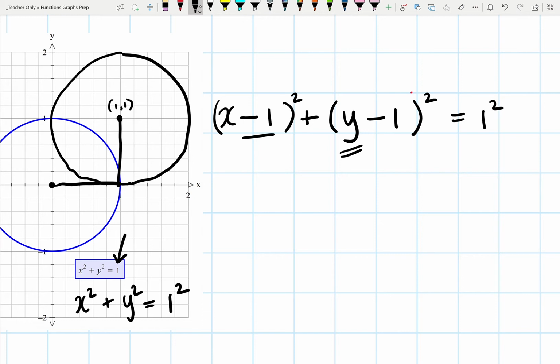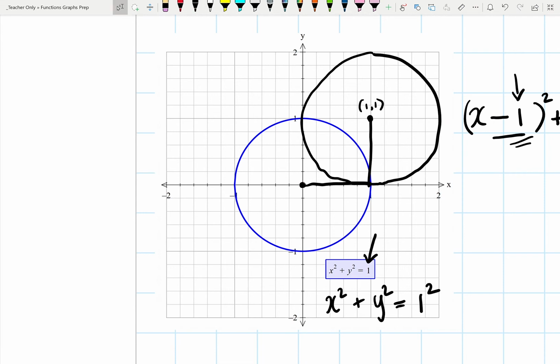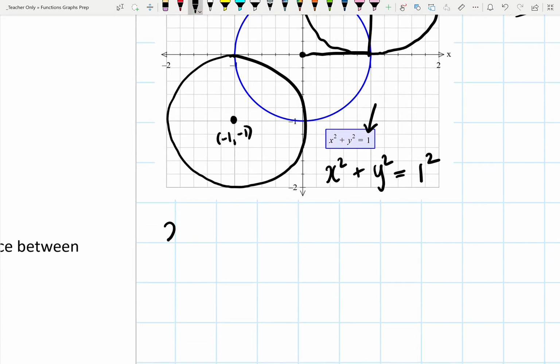So this is where our formula comes from. Both translations in the positive direction are expressed as negatives. Both translations in the negative direction are expressed as positives. So for example, if I was going to do the circle situated over here, which is negative 1, negative 1, still with the radius of 1, then this one would be x minus negative 1.